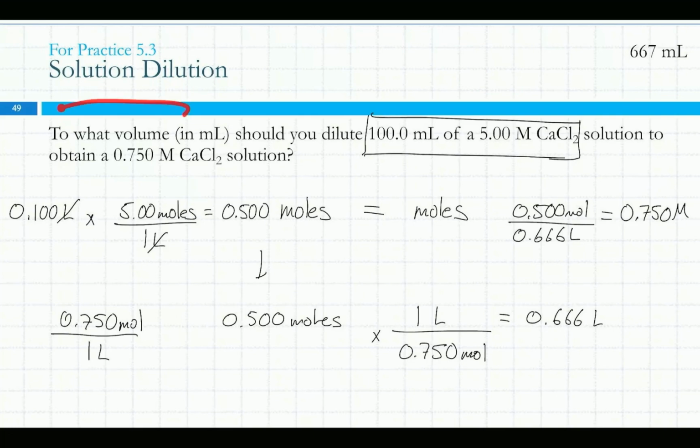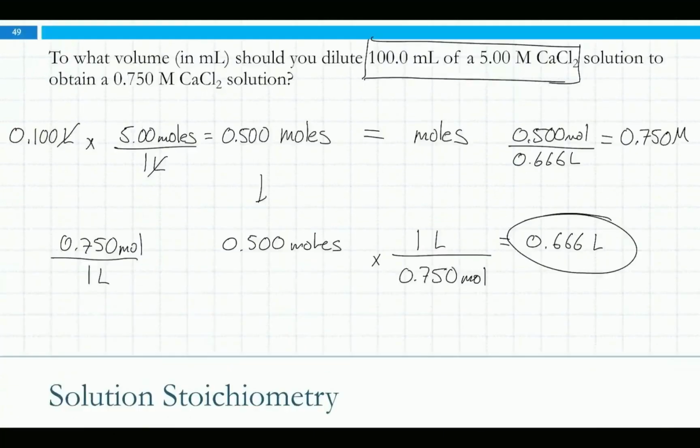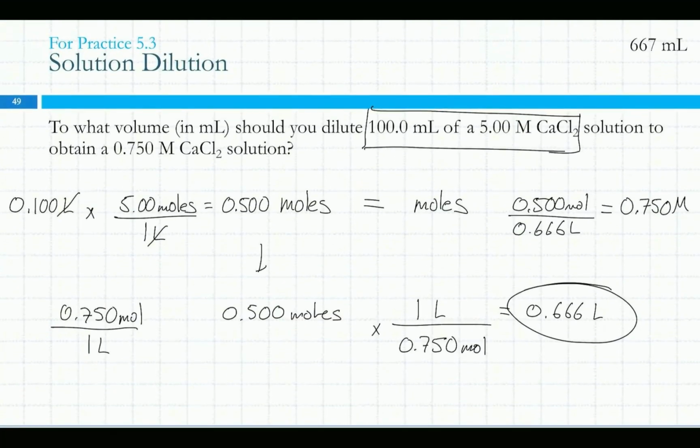So the question was, to what volume should I dilute? The answer is 0.666 repeating liters. So the moles in has to equal the moles coming out.